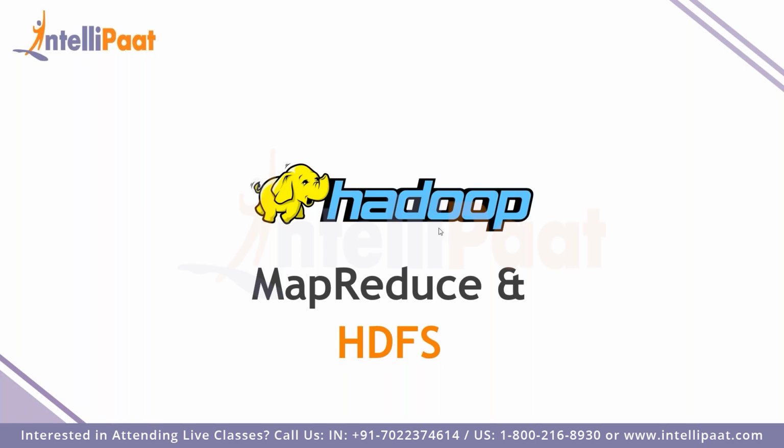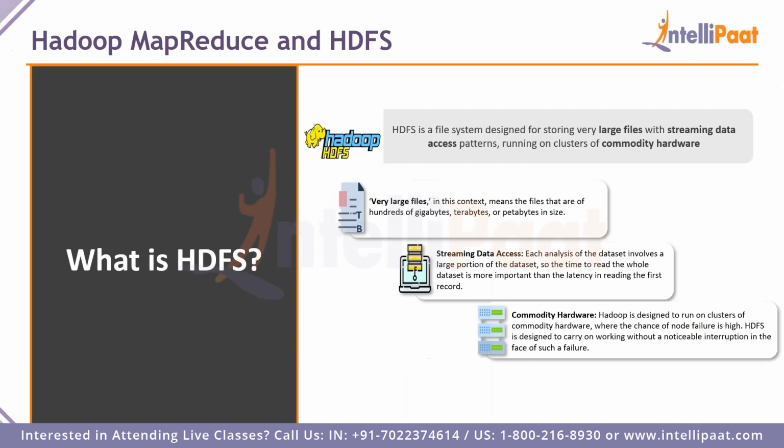So let me go through how big data actually works. Firstly, HDFS. HDFS is Apache Hadoop's service that is present on top of the Hadoop framework. HDFS is short for Hadoop's distributed file system.